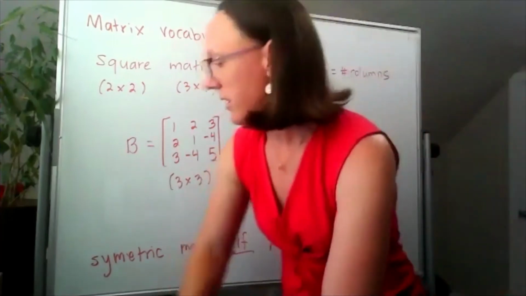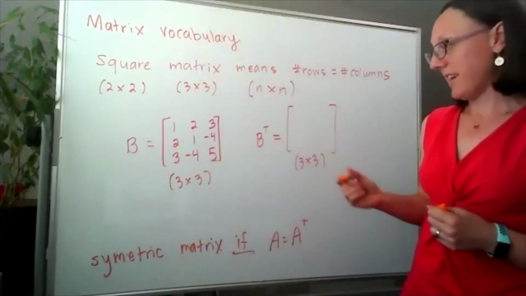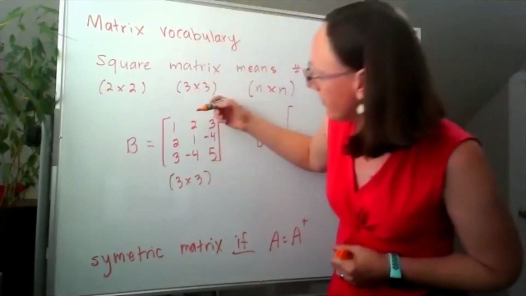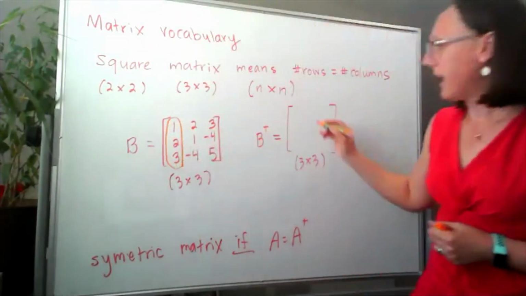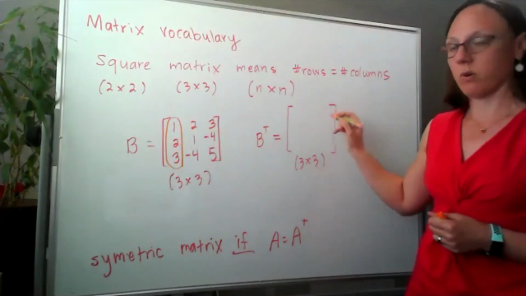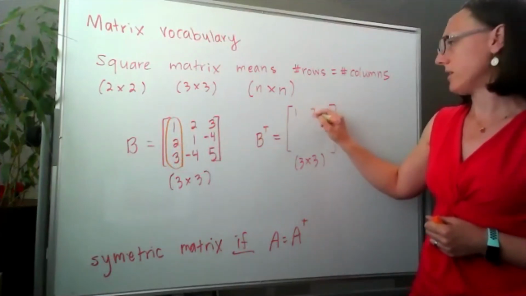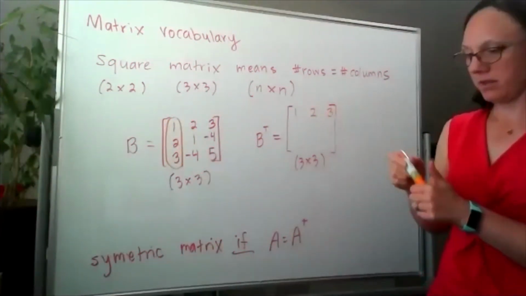I take my first column, and that will become my first row: 1, 2, 3.